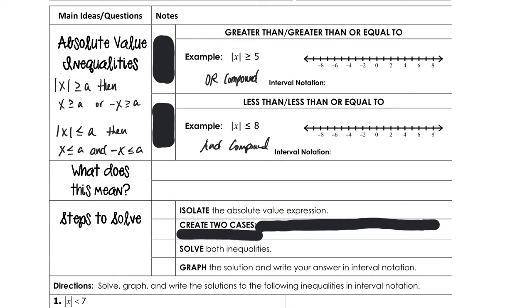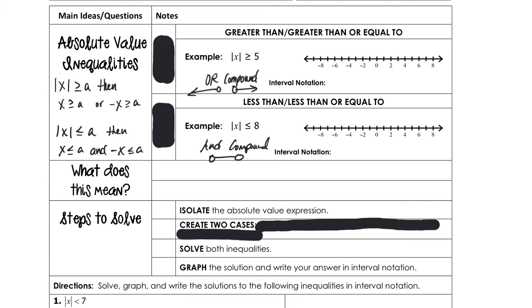Now, why does that matter? Because OR compound inequalities that we have studied and will continue to study are these things of disjunction, which means you have one going that way, one going that way to the right, and some space in the middle, where an AND compound inequality was this bar that we were dealing with in the middle. With that being said, I'm not going to do the graphs of these ones. I'm just going to get into the problems.